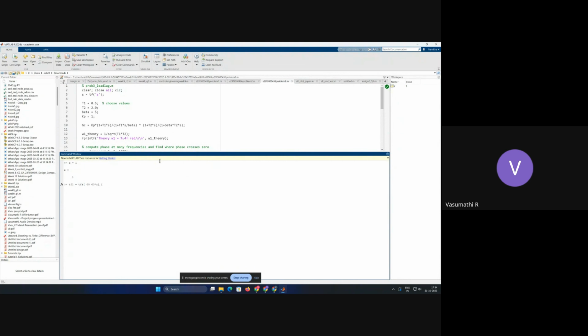So this will give me, if I find a closed loop transfer function of this, s square plus 8s plus 12, plus 60, 72.